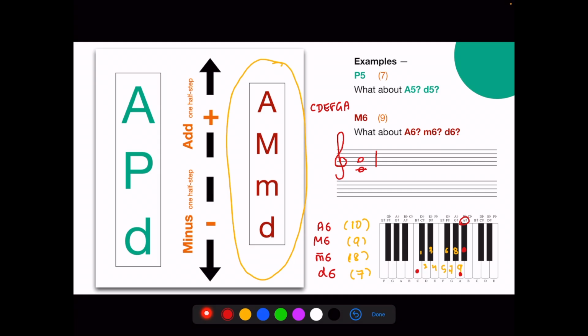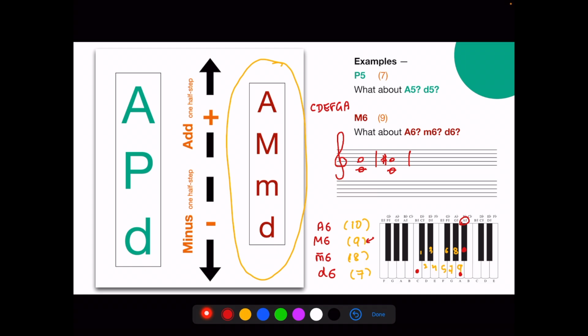The number is based on the letter name, so you're tied to the letter name that you start with. It doesn't matter how many half steps you add or take away, it still has to be spelled in that same letter name. So for C and A, the next one, augmented 6, is going to be C and A sharp.